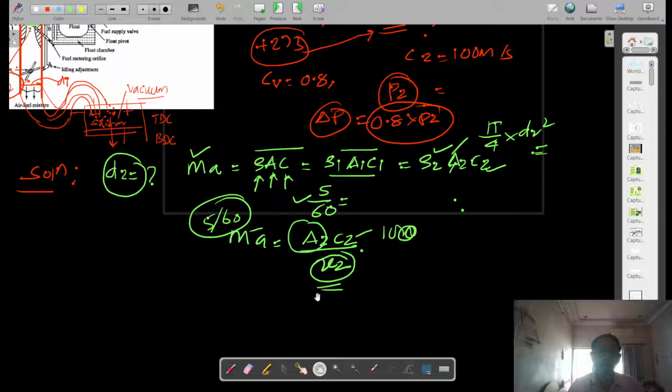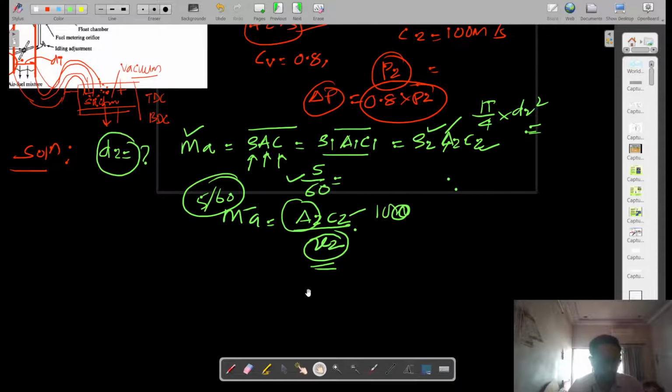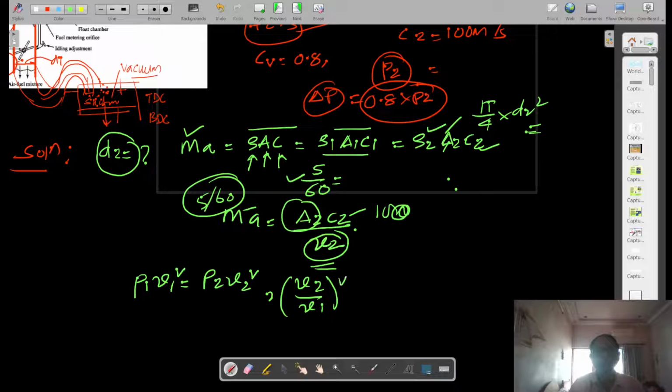So how can we go about calculating the value of V2? Again, we know that P1 V1 to the power gamma is equal to P2 V2 to the power gamma. Therefore, from this equation I can write V2 by V1 to the power gamma is equal to P1 by P2.